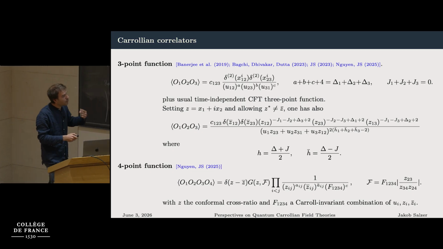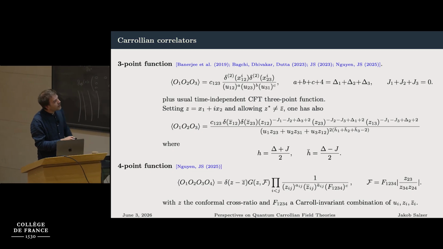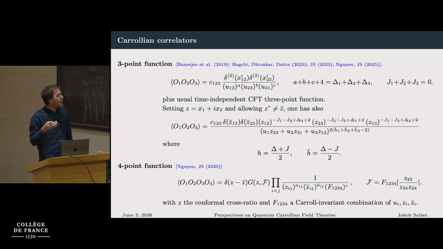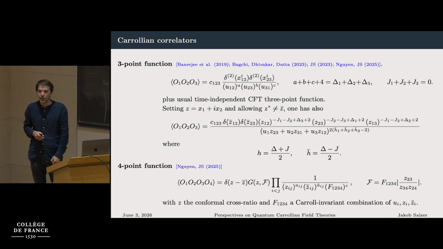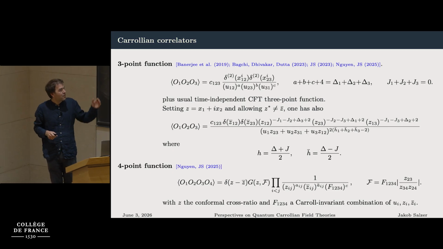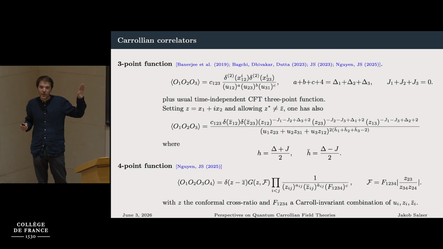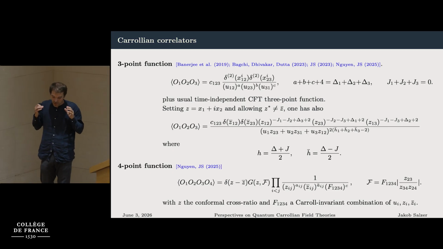In this case, there's one more solution, namely that you have a delta function in one of these directions and a time-dependent and spatial dependence in the other direction. Why would I want to do this? If you think about 3-point scattering amplitudes in Minkowski spacetime right now, then this is precisely the right thought. I will come back to this in a minute.